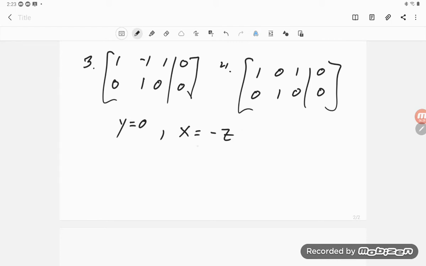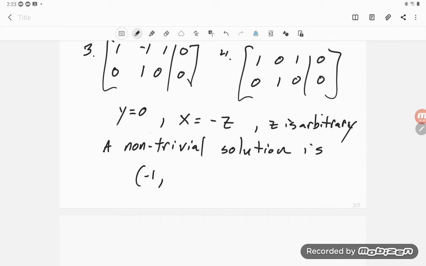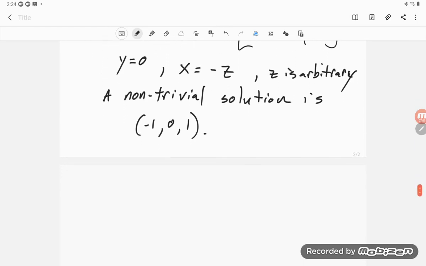And so then we get x equals negative z, and so z is arbitrary, which would mean a non-trivial solution is, I could let z equal 1, so x would be negative 1, y equals 0, and then z equals 1. So there's a non-trivial solution, okay?